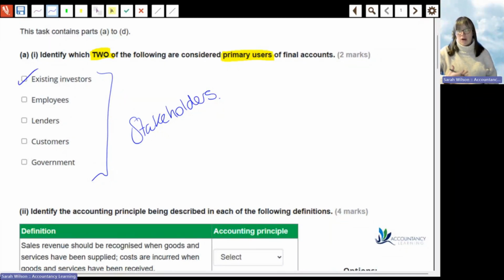So they are going to be a primary user of final accounts. And lenders, so lenders might be a bank loan, something like that. They are also going to be primary users of our accounts because they have provided money to us. All the rest have an interest, but they are not primary users.